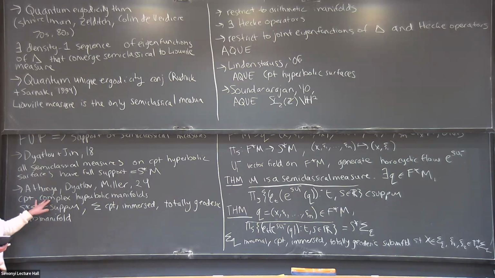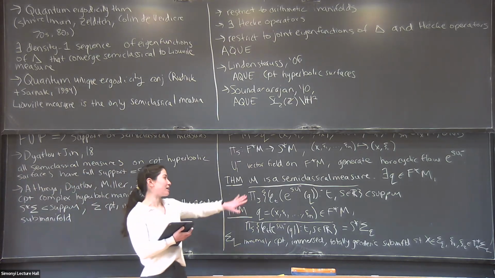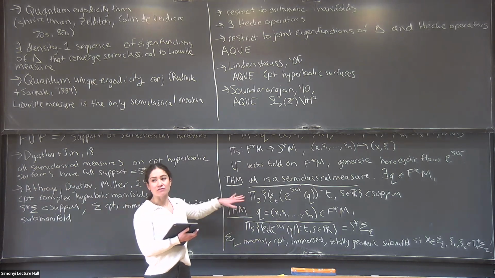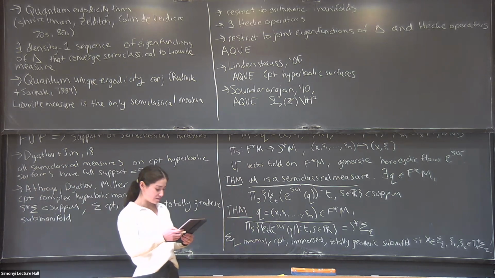However, on specifically complex hyperbolic manifolds, there's a single one-dimensional direction where the geodesic flow expands the fastest, and a single one-dimensional direction where the geodesic flow contracts the fastest, and you're able to use the fractal uncertainty principle to look at those one-dimensional spaces. That's not true in the real case, so that's why this result was only able to be proved after the extension of the fractal uncertainty principle to higher dimensions.